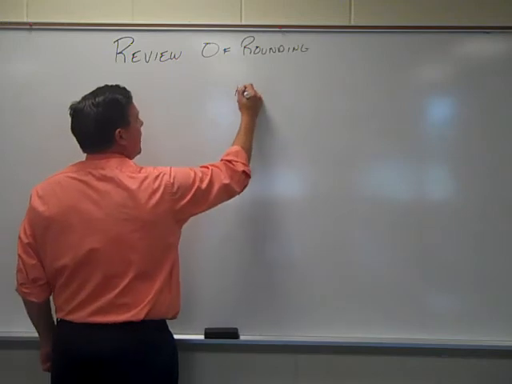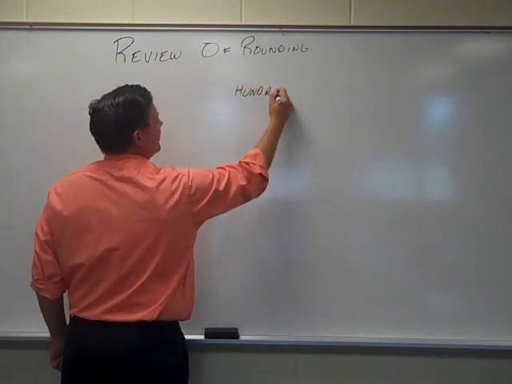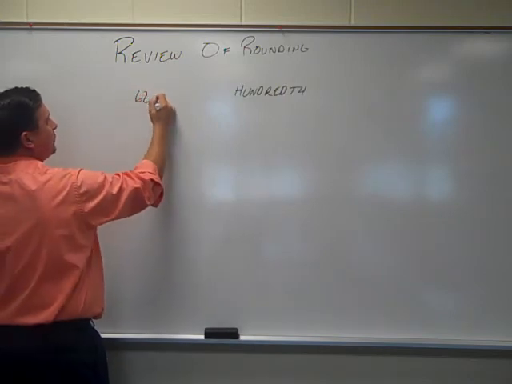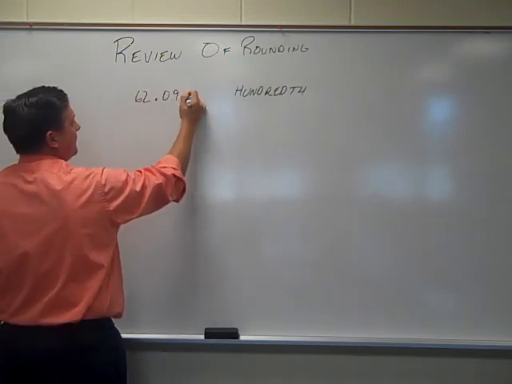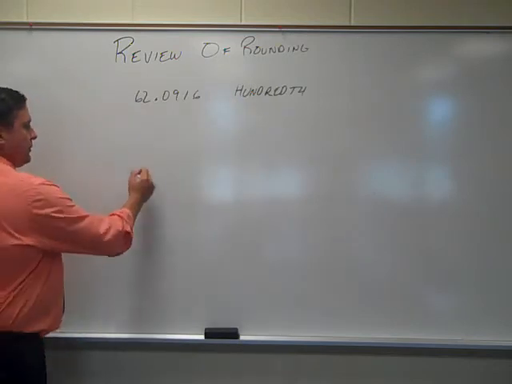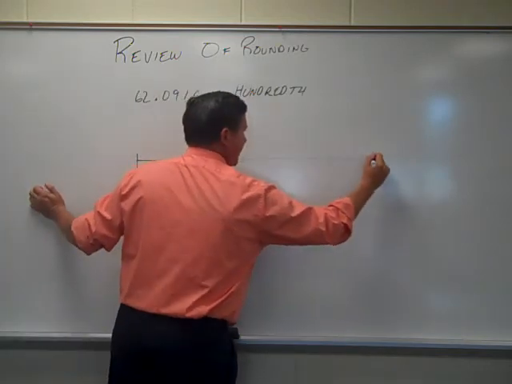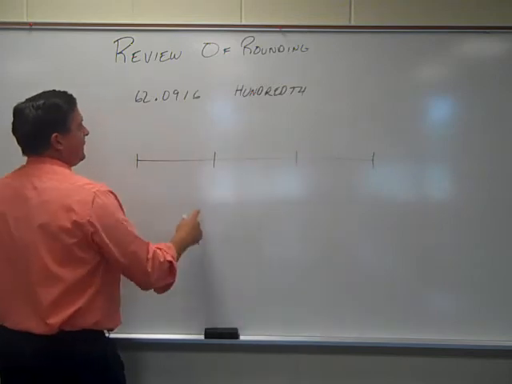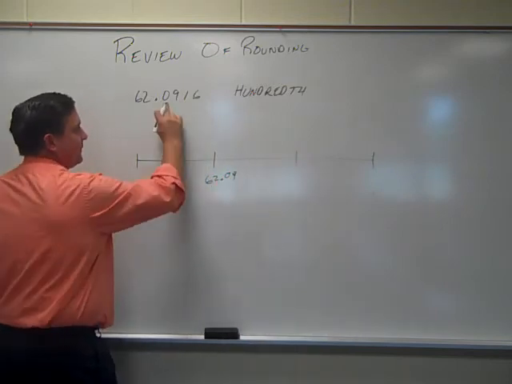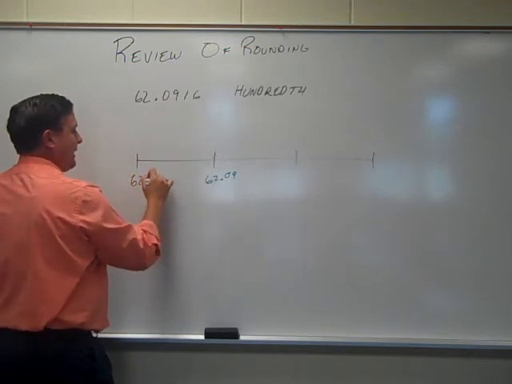if I change this to a hundredth and say we're going to round to hundredths, and we go 62.0916. The hundredth says count by hundredths. So when you think of a number line again, 62.09 is here. I put that in, so this is 62.08.